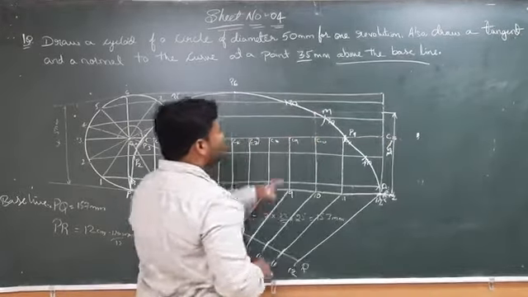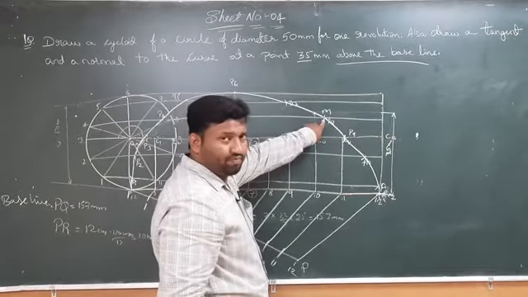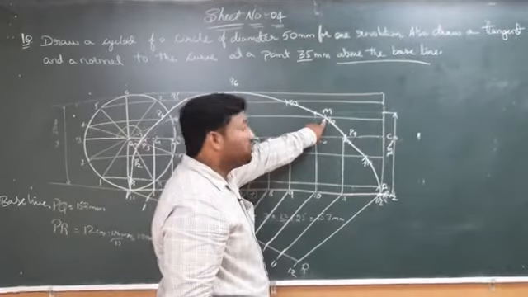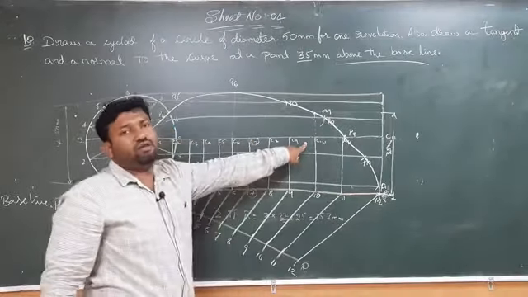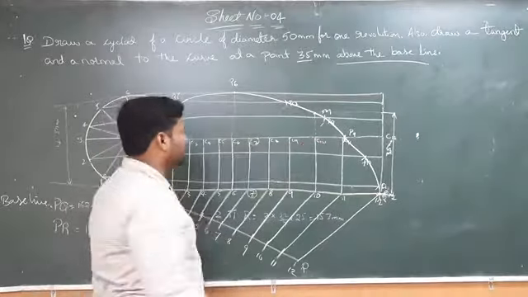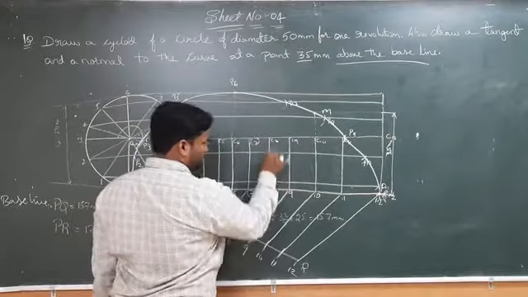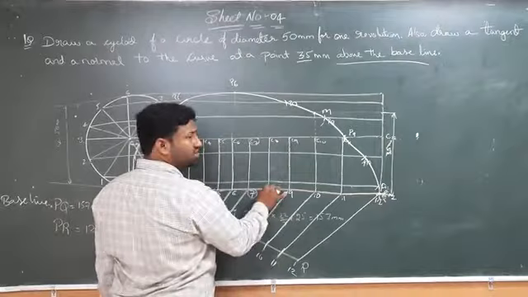Now, from the point M, I have to cut an arc on the center line by maintaining the radius 25 mm. The radius is common, 25 mm.